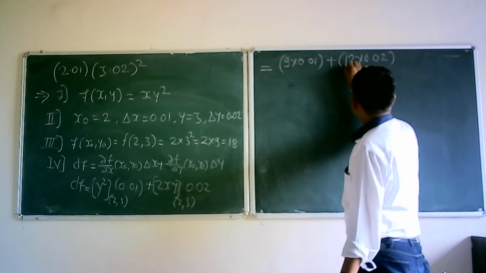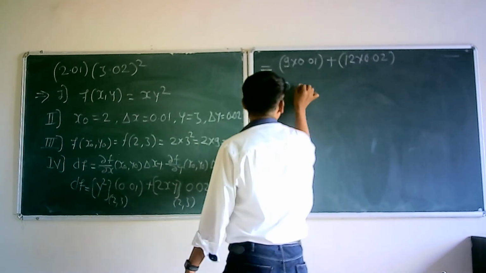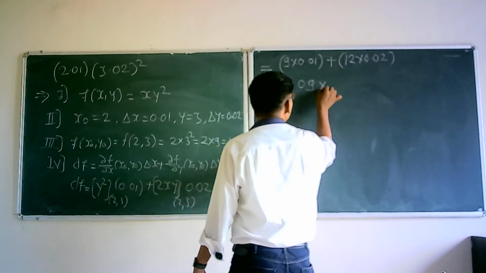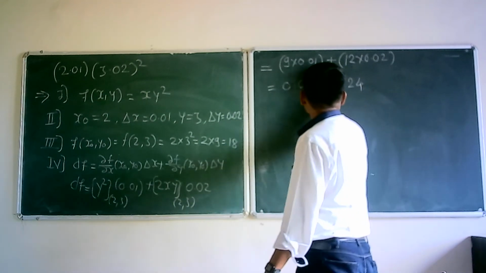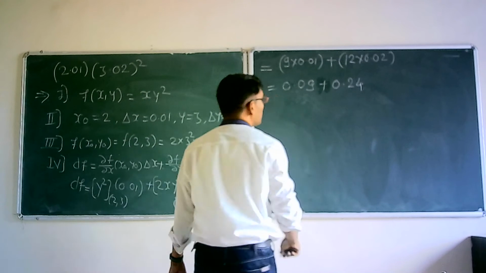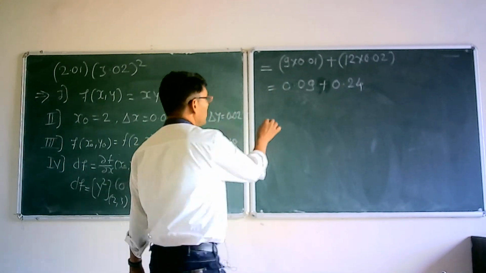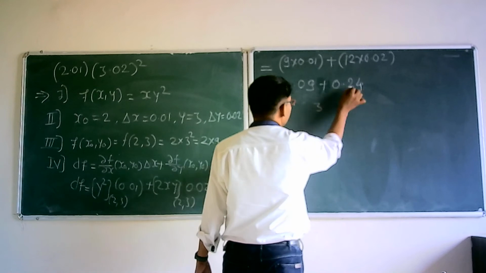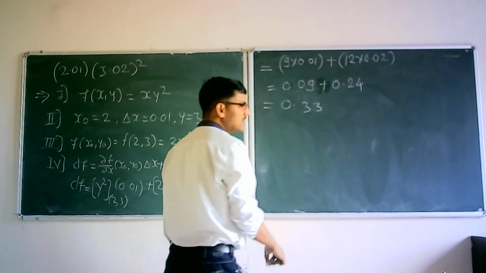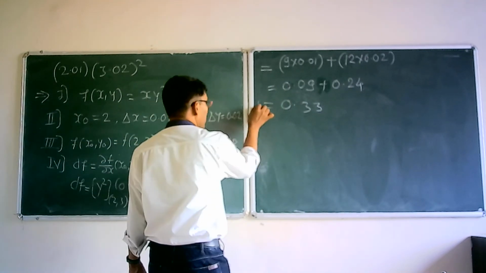To simplify this, it is equal to 0.09 plus 0.24. To add these two terms, it will be 0.33. So this is the value of df.